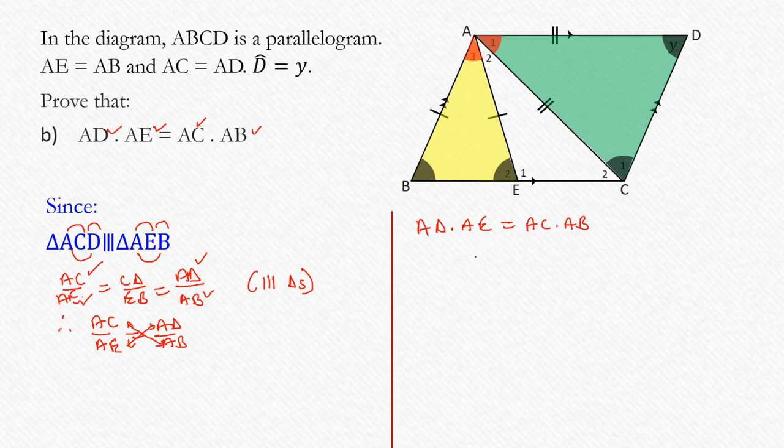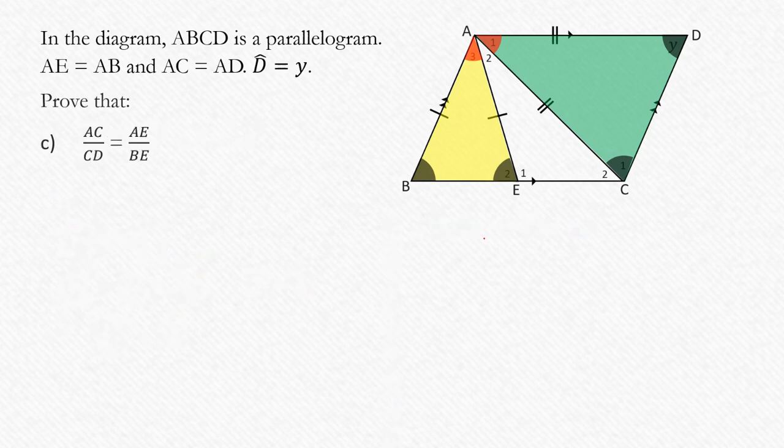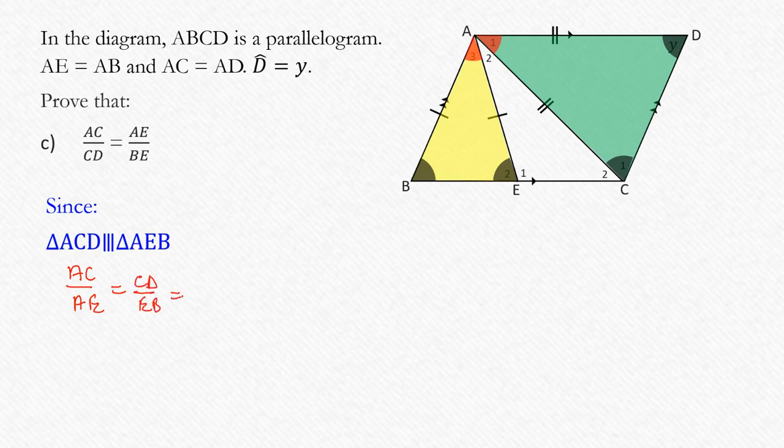And then let's do question C. We're required to prove that AC over CD is equal to AE over BE. Right, so again, we're using our similarity statement. So we are saying AC over AE is equal to CD over EB is equal to AD over AB.